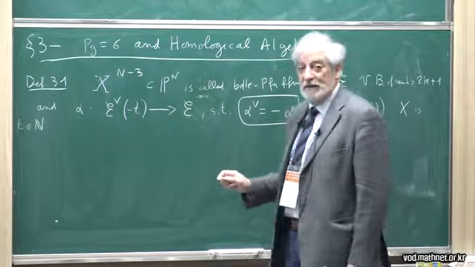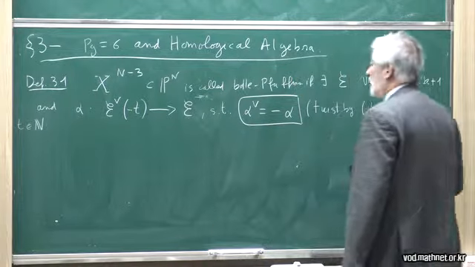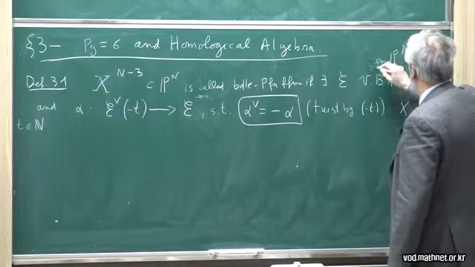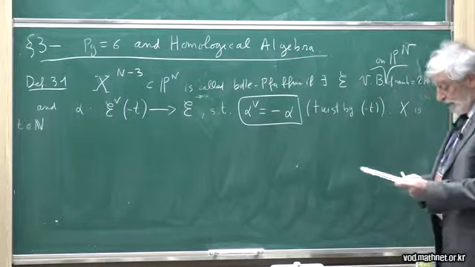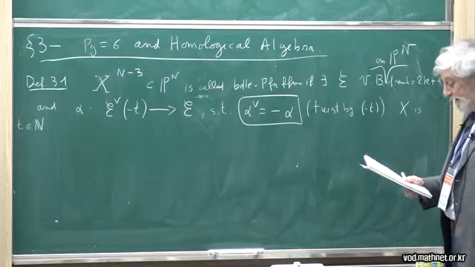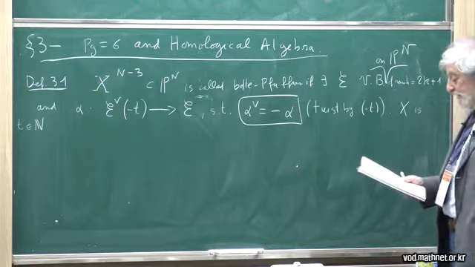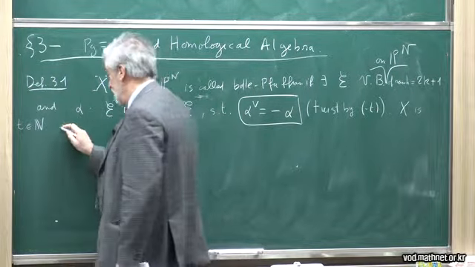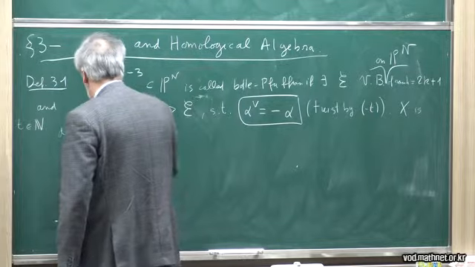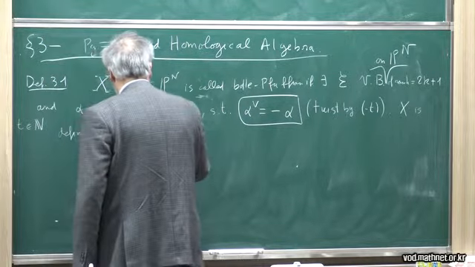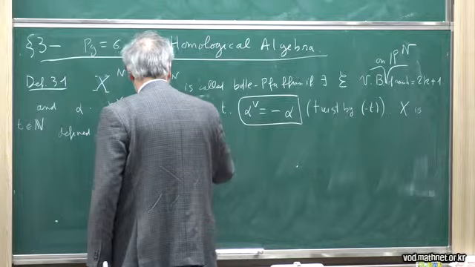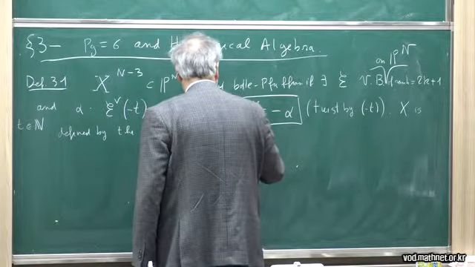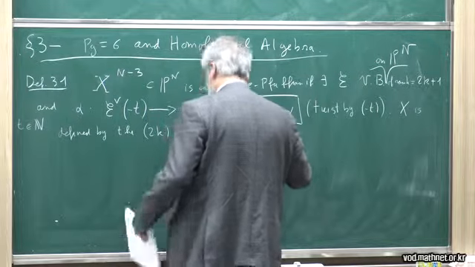Where is the bundle? Is it on the projective space? Yes. Thank you. I think I wrote it here, and yeah. X is defined by the 2k Pfaffians of alpha.